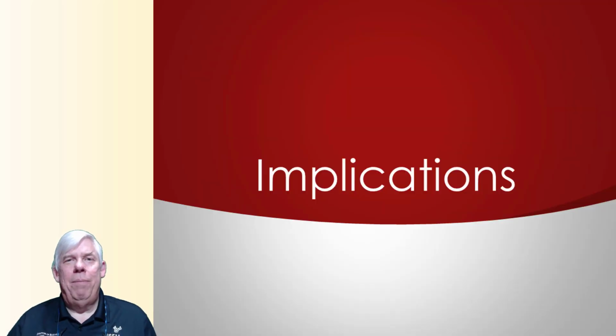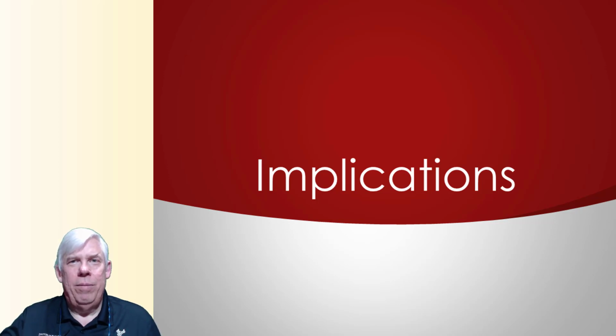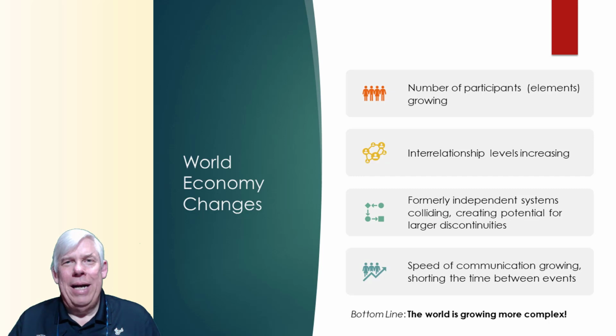So it's time to wrap this lecture up with a brief summary of some of the implications that come out of the discussions of complexity that I presented here. As we think about complexity, and this is a preview of lecture number 3 in the series, let's think about what is happening as the world economy is changing.